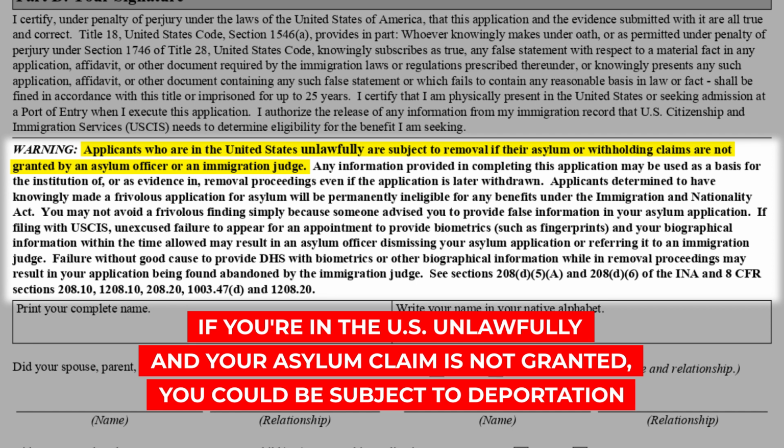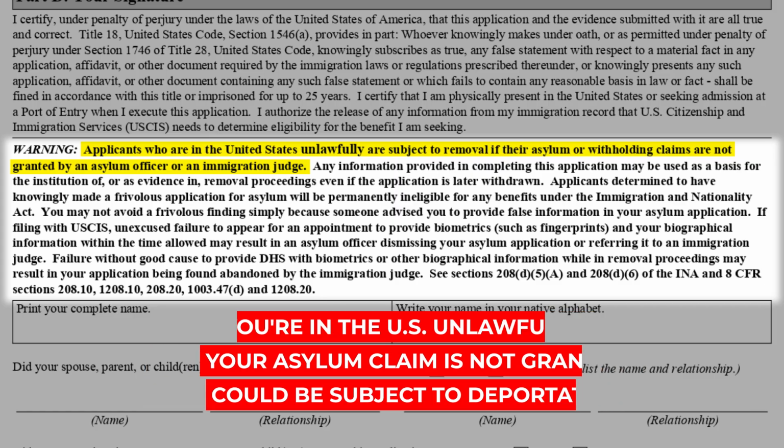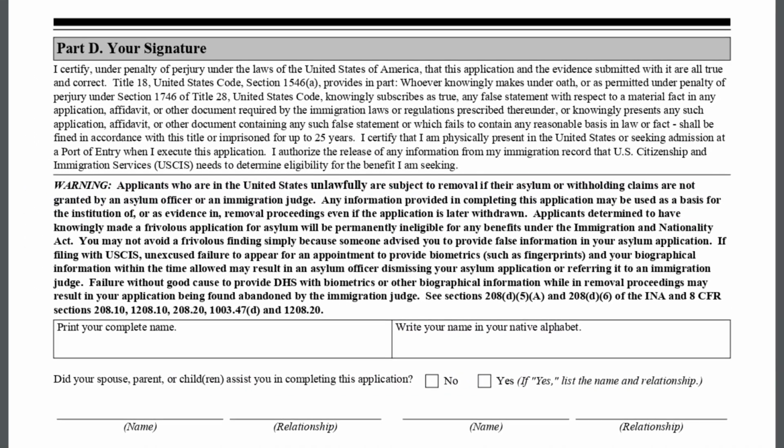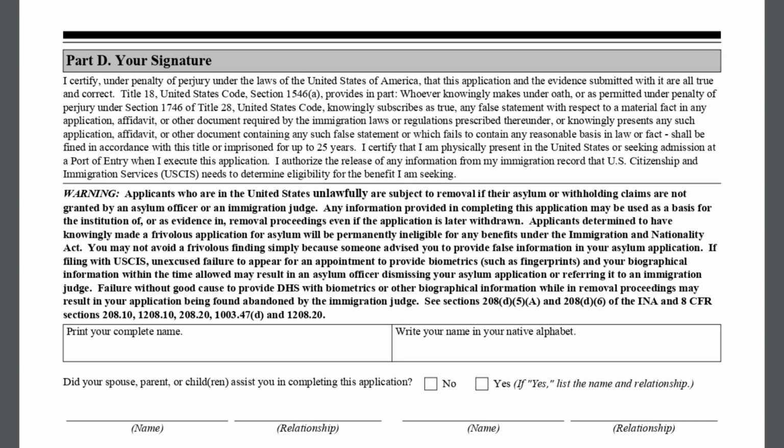And if you get a negative decision from an immigration judge on your asylum claim, unless you've got some other form of relief from removal available to you, you'll get an order of deportation and will have to leave the United States. Okay, it's true that you can appeal a deportation order such that you can keep fighting your case, but eventually you may have to actually leave.